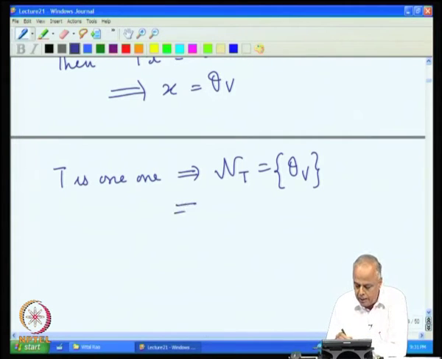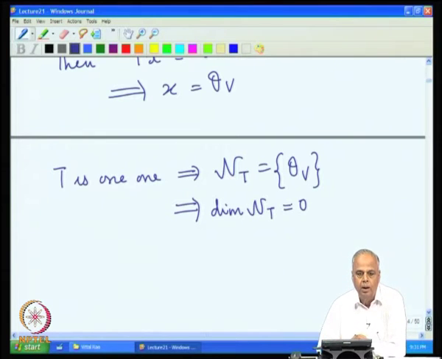This immediately tells us that the dimension of the null space of T must be 0, but the dimension of the null space of T is what we call the nullity of T, denoted by nu T, and hence nu T must be equal to 0.